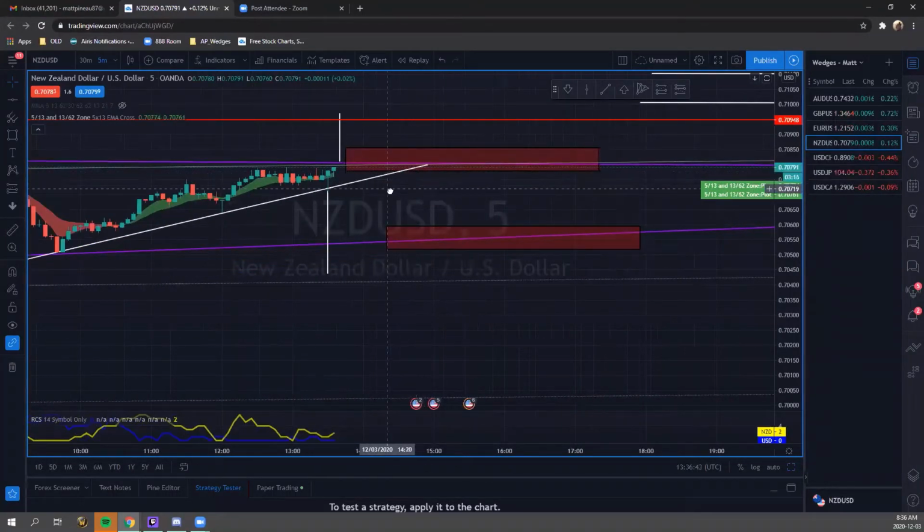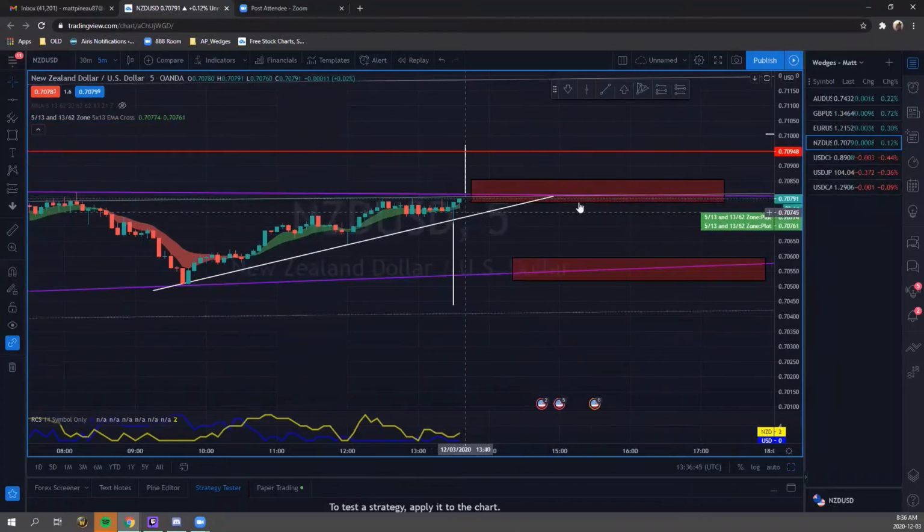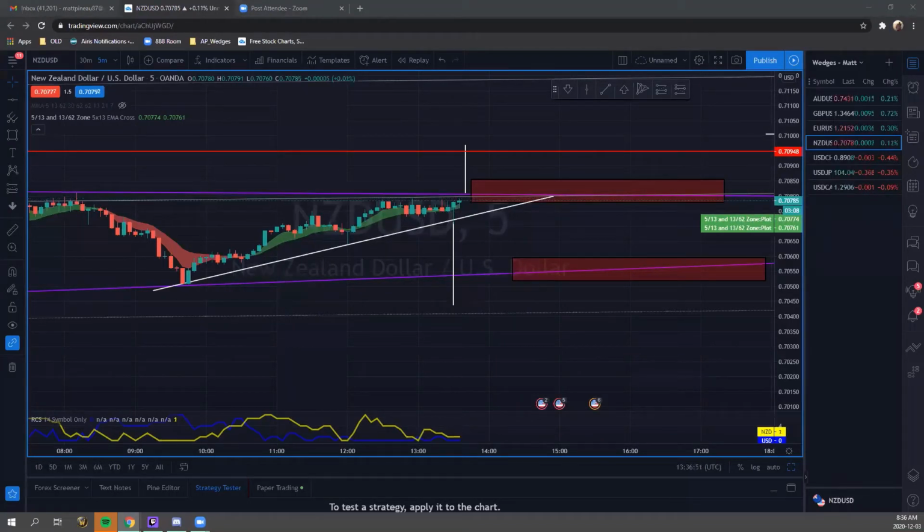All right, hold on to your seats, because I think we're going somewhere. I'm going to pull it up on another chart on another screen. This looks good.